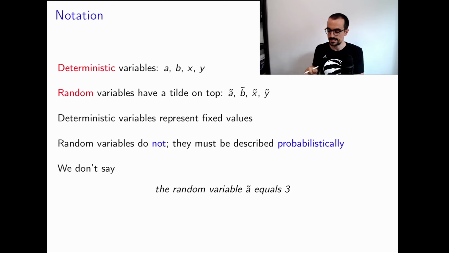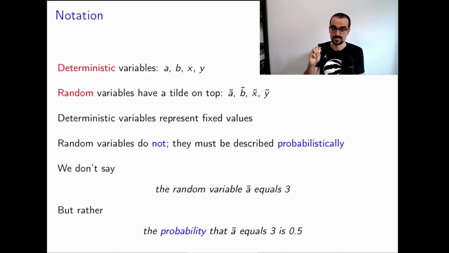Instead, what we say is the probability that a equals 3 is 0.5. The probability that a equals something else, 23, is 0.1, and so on and so forth. And this is really important. We want to make very clear what is a random variable and what is a deterministic variable that has a fixed value, and we use tildes to indicate that.